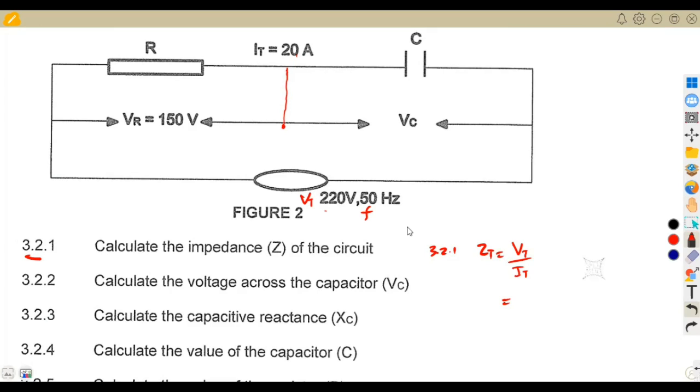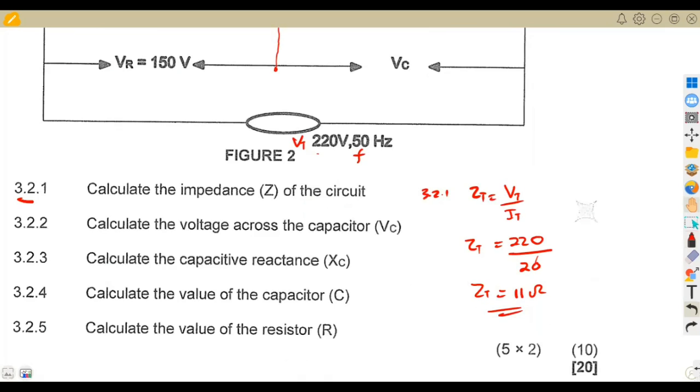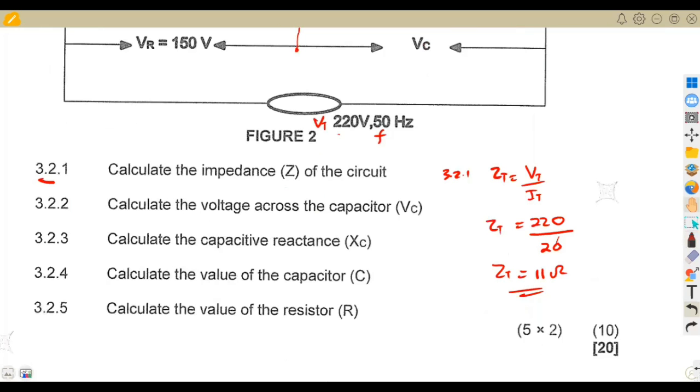That is 220 over the total current of 20, meaning we obtain an impedance of 11. From your calculator, that will be 11 ohms. Impedance is just like resistance, so even the units are the same.